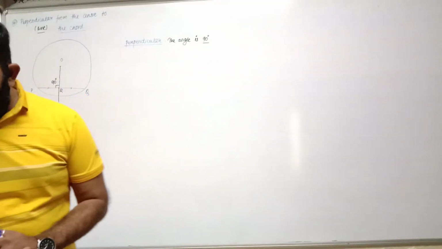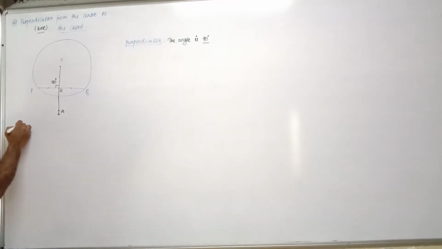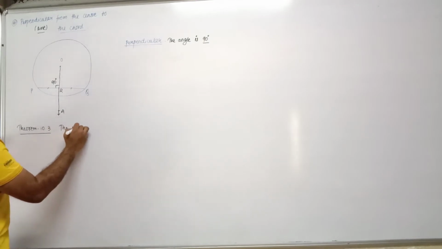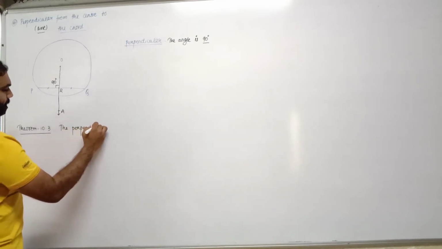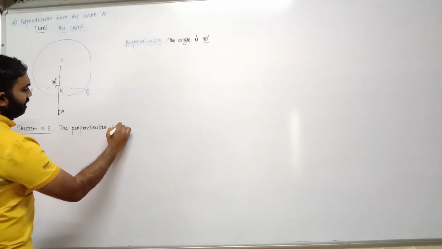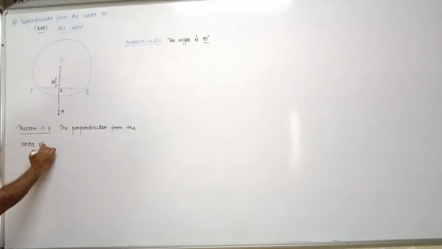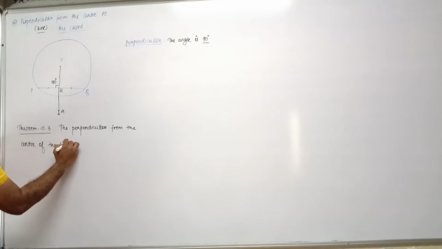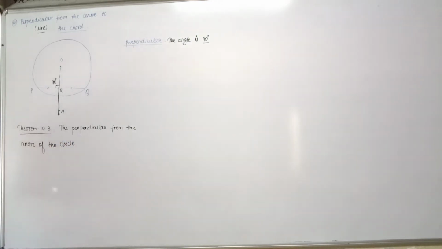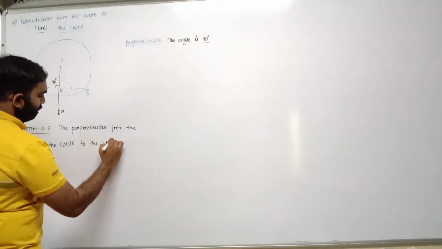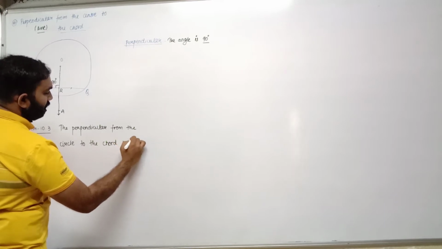And based on that, we are having theorem number 10.3. It says that the perpendicular from the center of a circle to a chord bisects the chord.